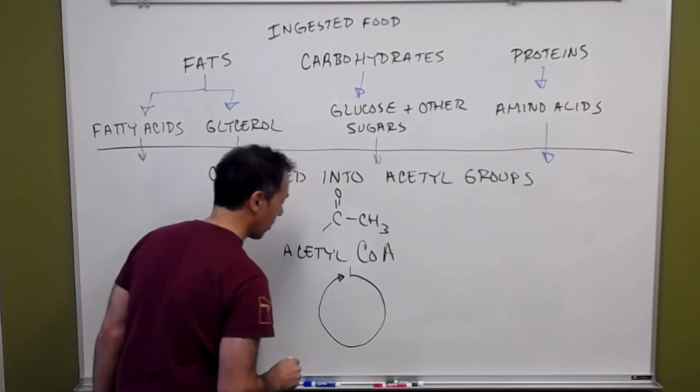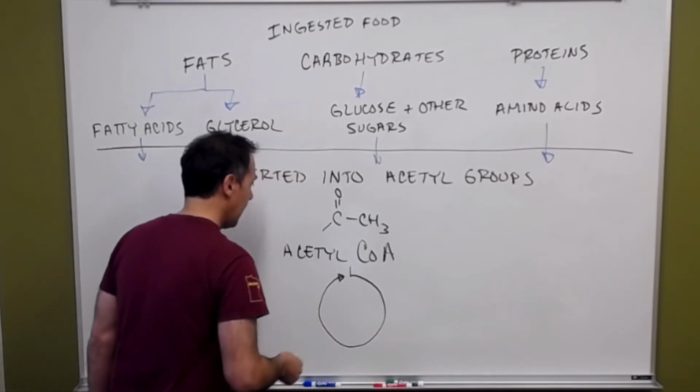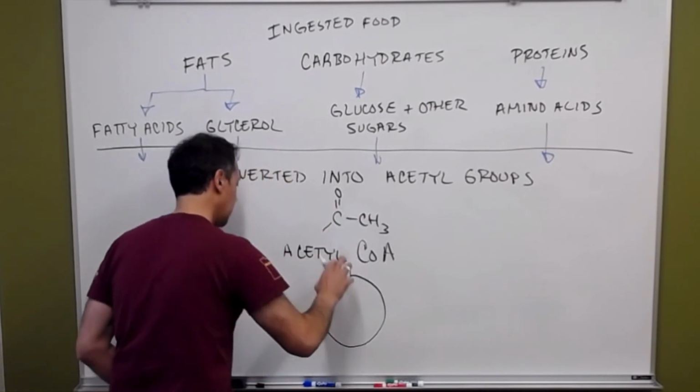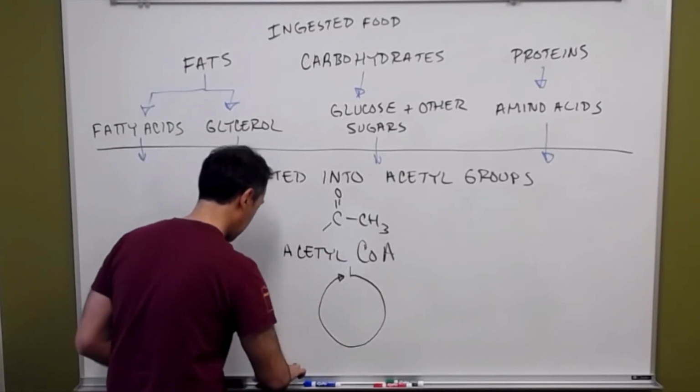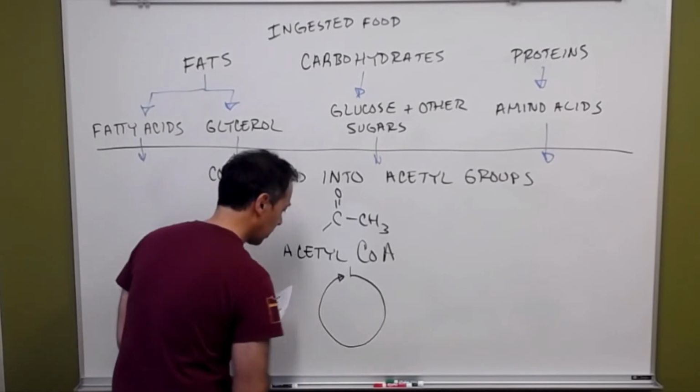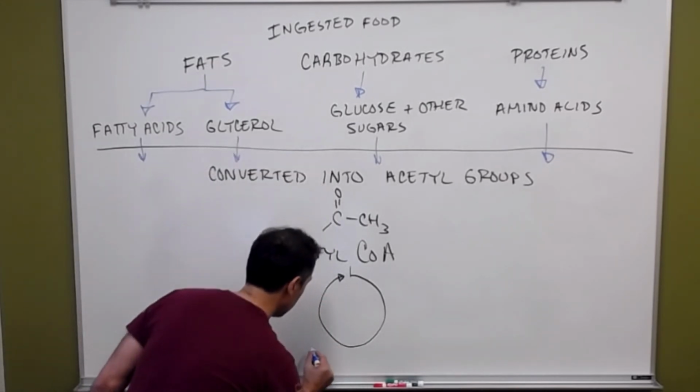It goes counterclockwise, typically as we draw it. And the acetyl-CoA is going to bring in these acetyl groups, these 2 carbon groups, into what we call the citric acid cycle. I'm just going to label this here, citric acid cycle.